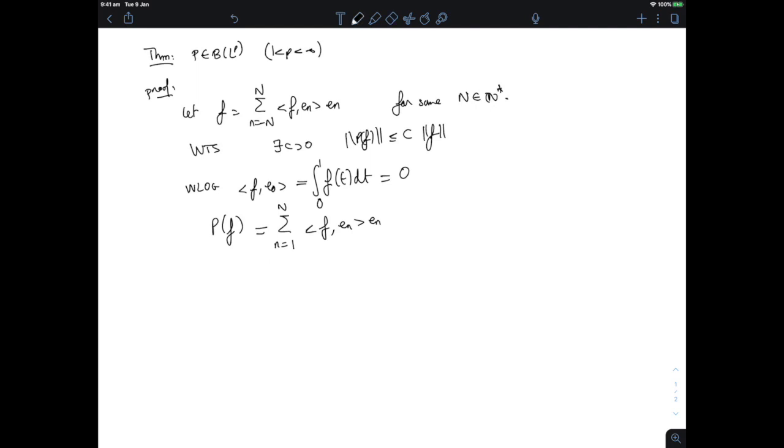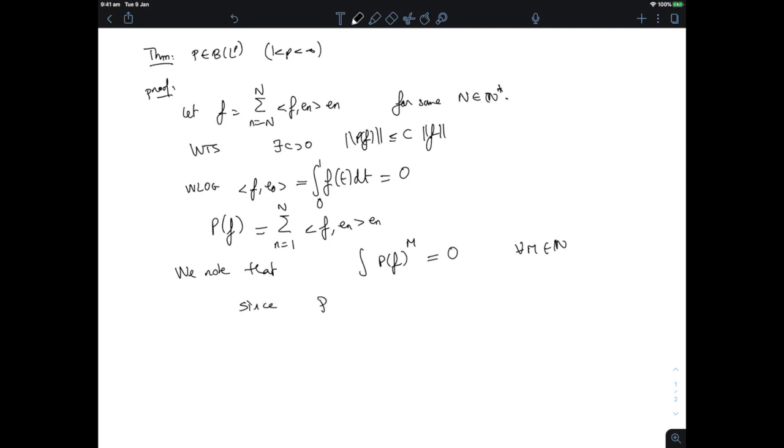It's something that we should note, is that the integral of P of f raised to whatever power you want, let's call that M, is going to be always equal to 0 for all M in N. And why is that?